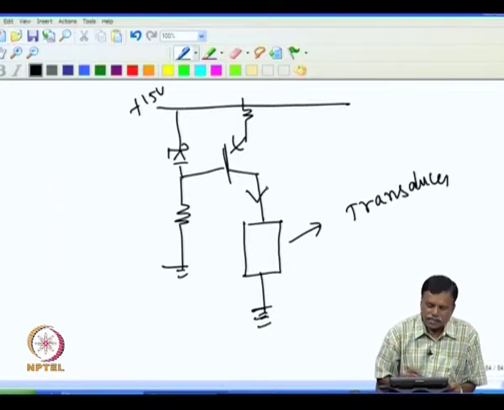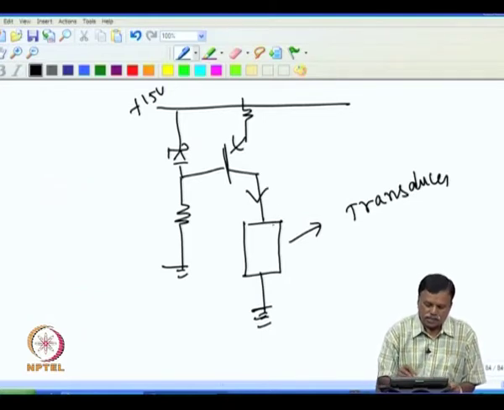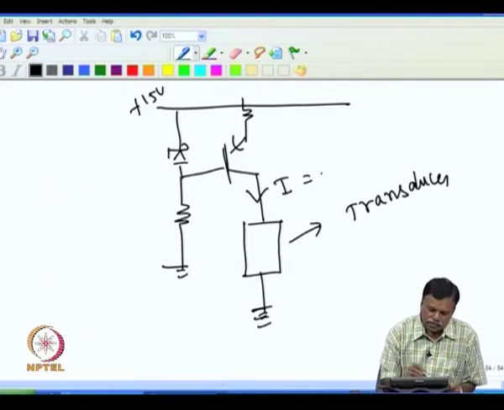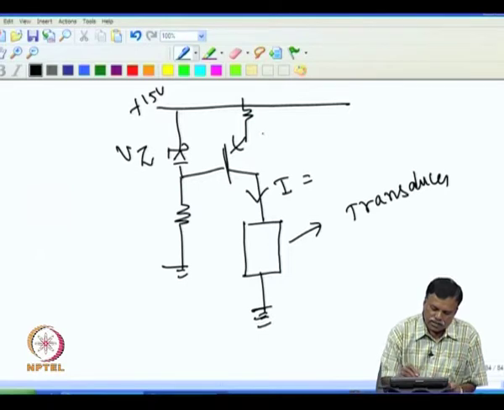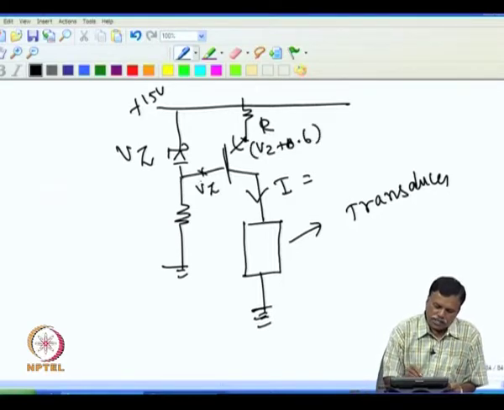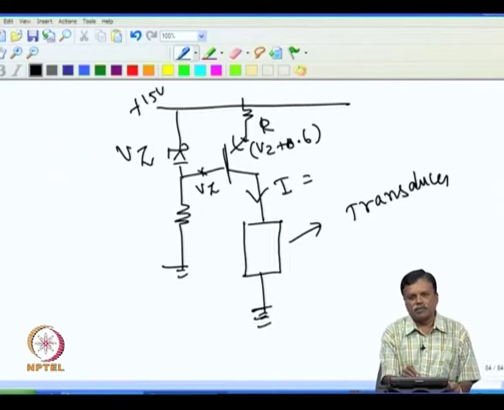Essentially, there is a current flowing through this transducer. This is I, this is Vz, this is R. The voltage at the base has to be higher than the Zener voltage by 0.6.